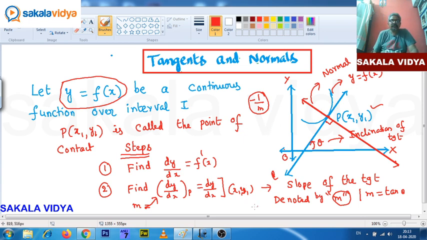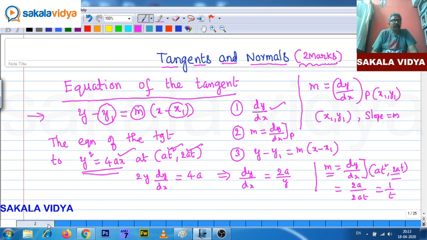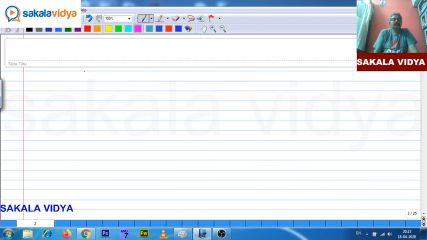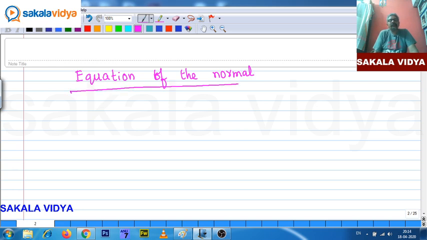So, let us see the steps now. Equation of the normal, how to find it? First step, this one also, dy by dx we need to find.